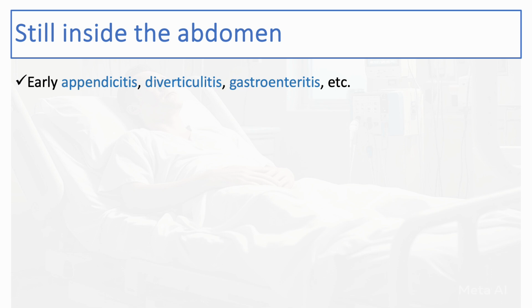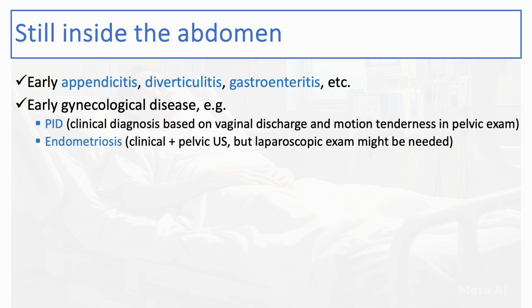So you have to think about the common things first. Even if the image is not impressive, think about common pathologies first, and then think about what else you need to do, whether you repeat the image down the road, closely observe the patient, or do another test that might give you more clues to the diagnosis.